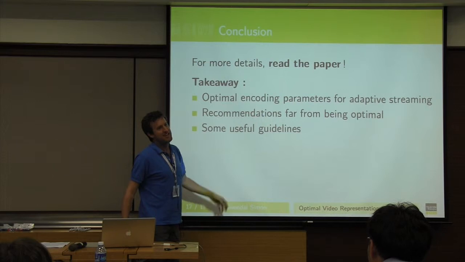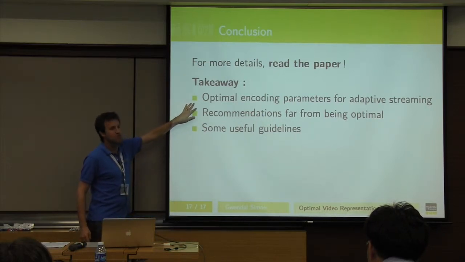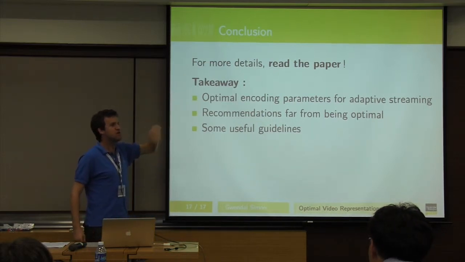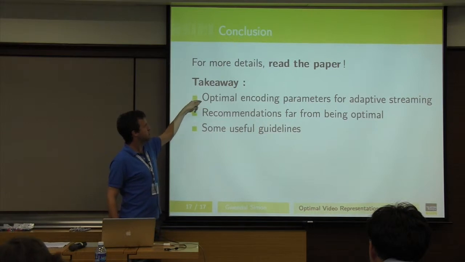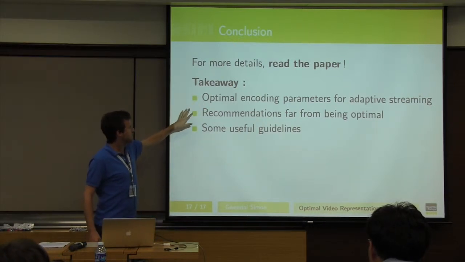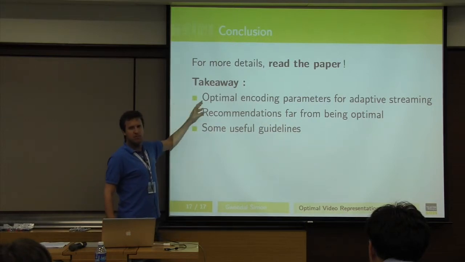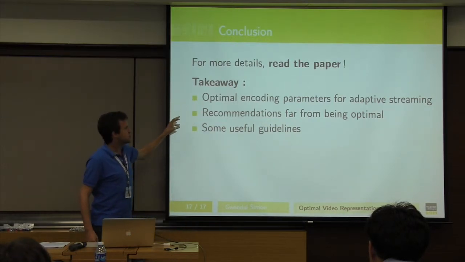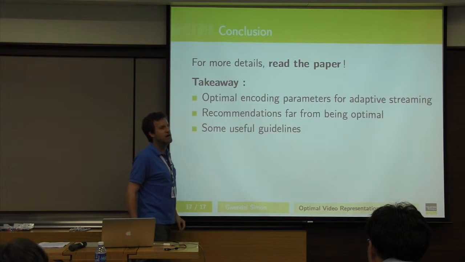As a takeaway, I can just say that what we did is an optimality. I mean, people who like optimization will be happy with the integer linear program that we define. The main message that we have is that the recommendations from the vendors are not optimal.